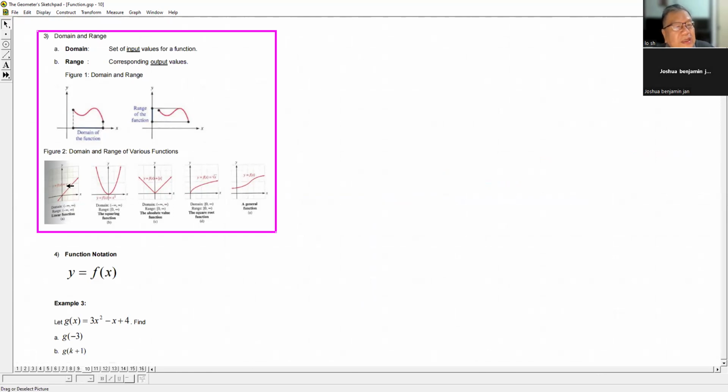of graph. This is a linear function. This is a quadratic one. I don't know whether they show you, because the lecture note that you passed me, they didn't show the modulus type. I don't know whether they ask you to draw or sketch this type of function or not. Right?